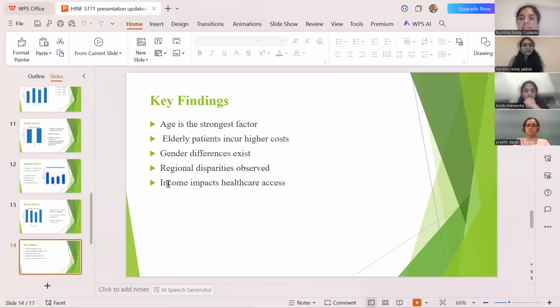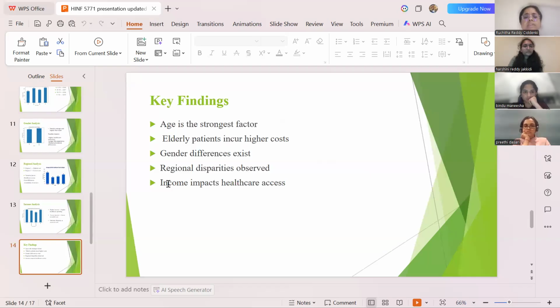Coming to key findings, as Bindu Manisha mentioned, age plays a very important role in determining the healthcare cost in arthritis patients. So age is the strongest factor. Older adults require more frequent medical care than younger ones, and gender differences do exist, as Bindu mentioned, because females are more frequently affected with arthritis than males.